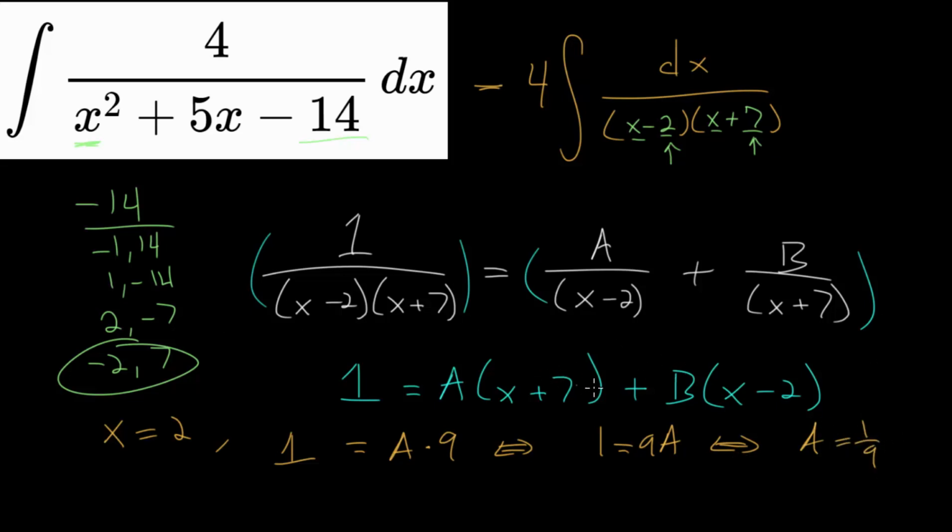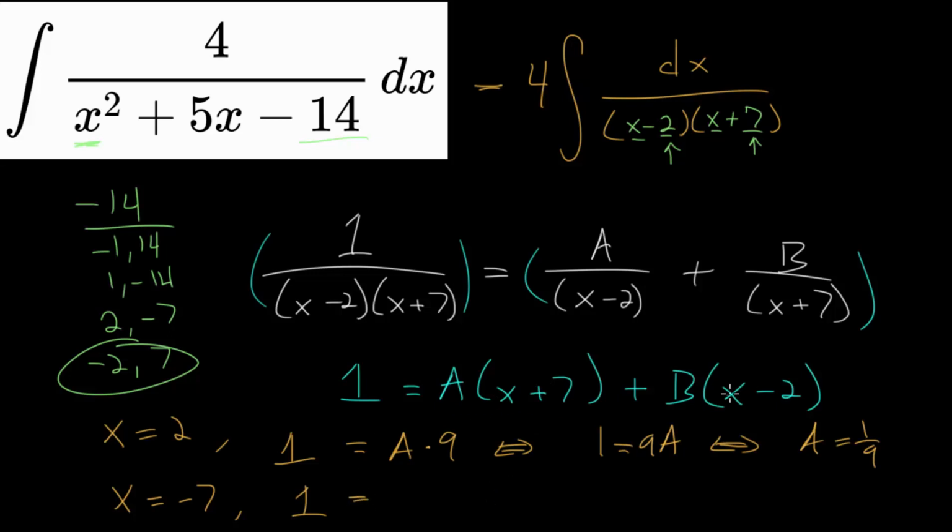And we'll do the same thing for this other expression. We can continue this trick. We can set x equal to -7 so that we get 1 on the left-hand side, but this first term here would just be 0 since we have -7 plus 7, and 0 times anything is 0.